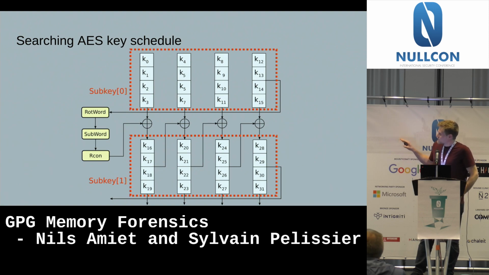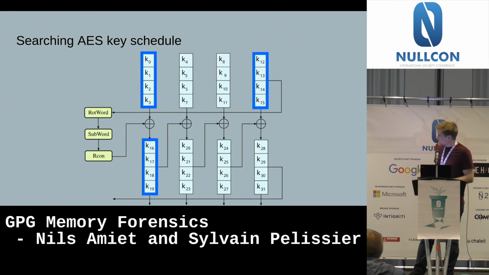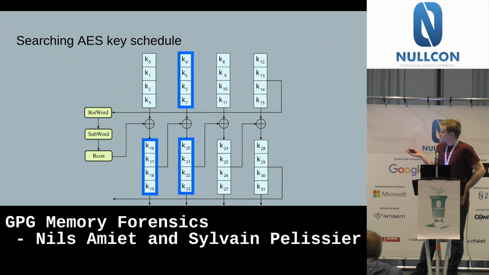We don't need to go too much into the detail here, but we can see that it's easy to test from the memory, sequentially, byte per byte: if the last word processed through these three operations and XORed with the first word equals this word, then there is a good chance we have a key schedule.